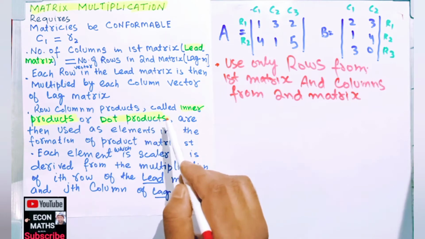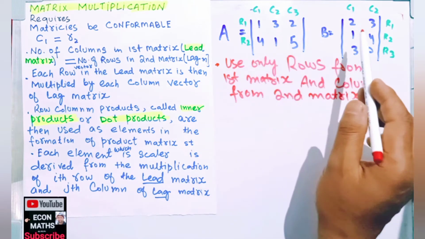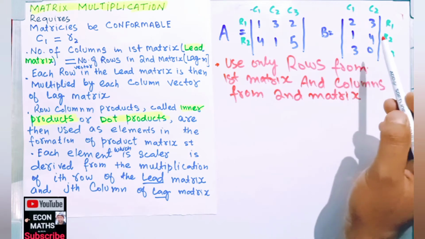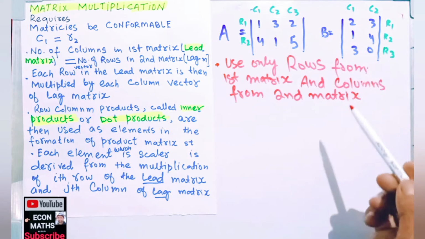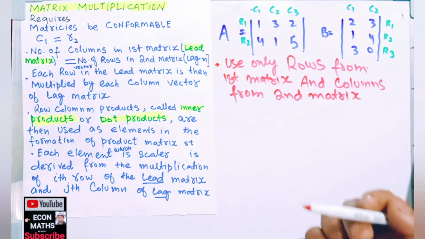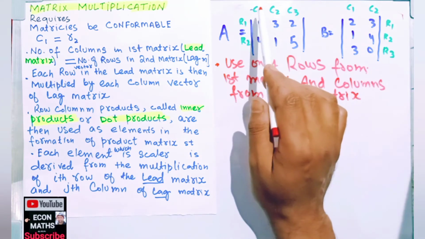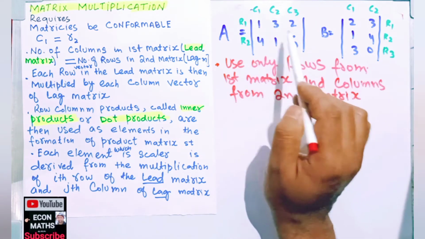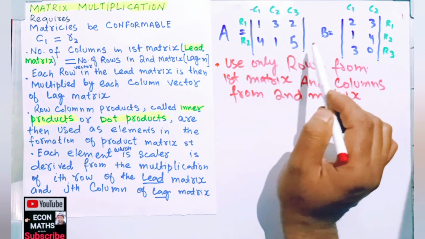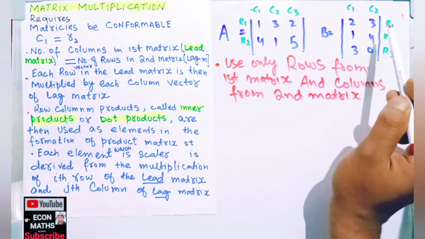Now these row column products are then used as elements in the formation of the product matrix. Here I have denoted the columns by C1, C2 and C3 and rows by R1 and R2. Similarly, I have done the same here.